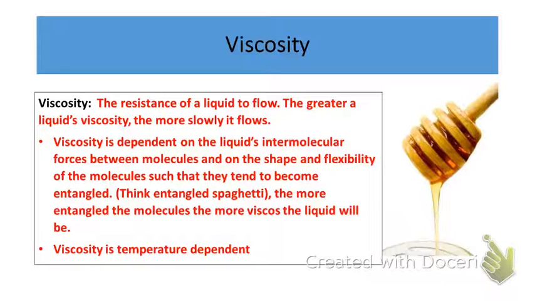All right, so let's first look at the intermolecular forces. Obviously, the stronger the intermolecular forces, the more intermolecular forces that exist, the more viscous the liquid should be. Shape and flexibility. What do we mean by that? Well, think of entangled spaghetti noodles.